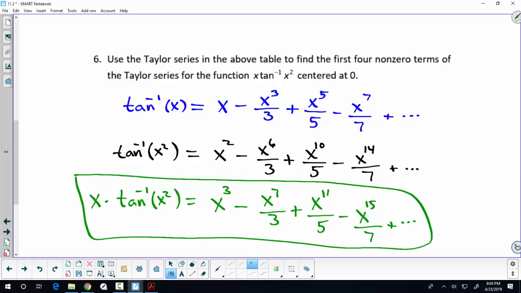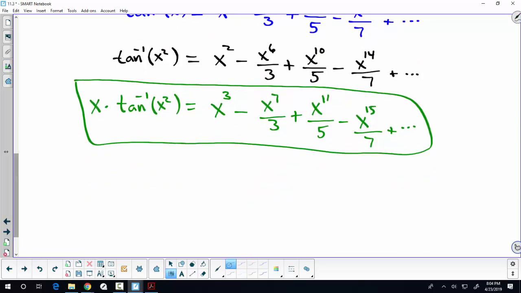Do y'all have any questions on any of that? So if we wanted to use the table to figure out what the final one would look like, you would substitute your x squared in, but then you would also multiply that whole thing by x. Right. So you mean the actual series?